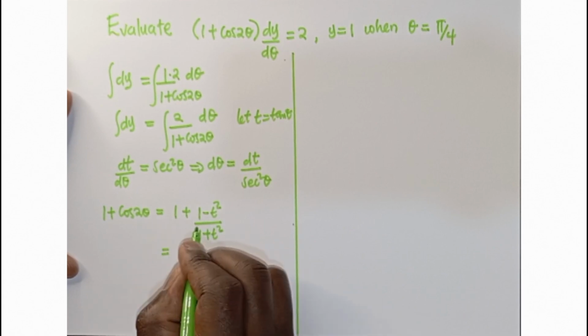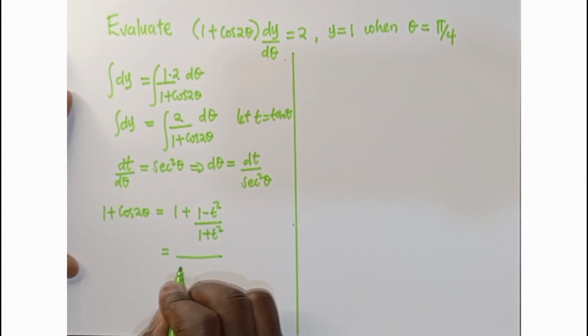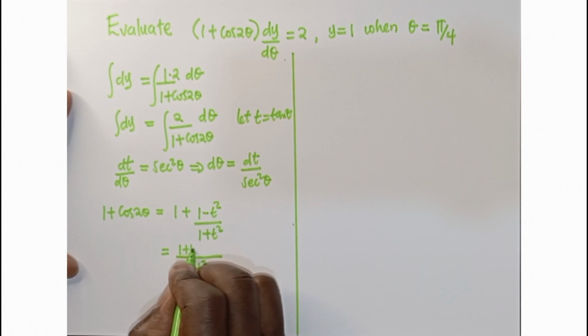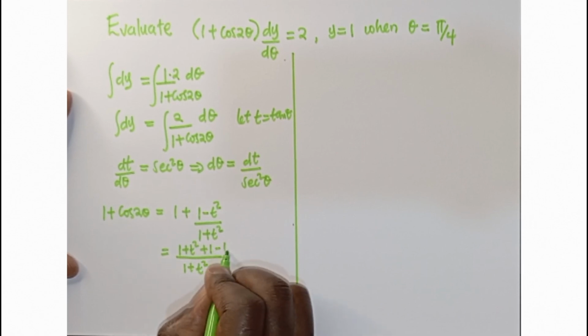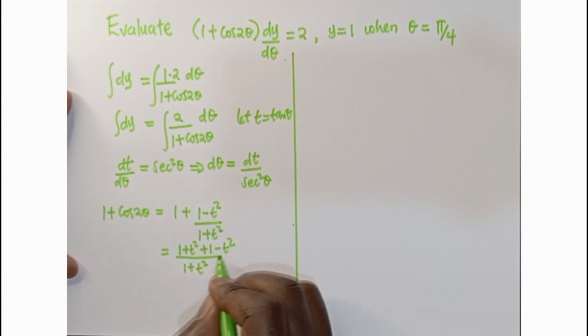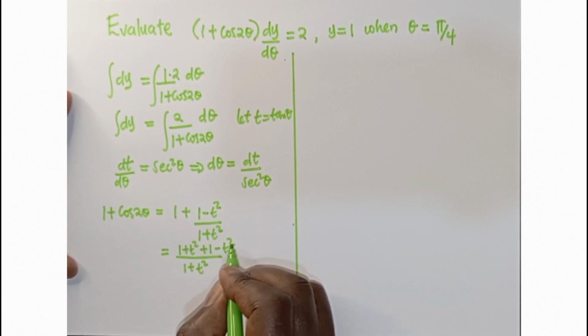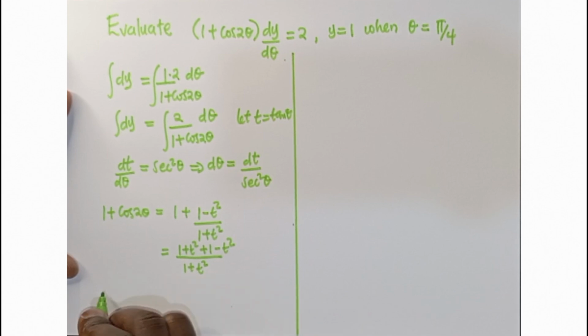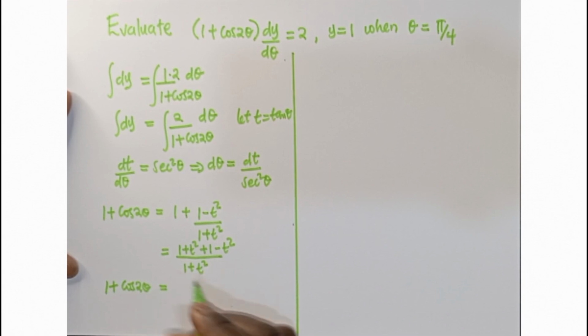Simplifying this, getting the LCM, we have 1 plus t square, then 1 plus t square plus 1 minus t square. Now if you clearly see, the t squares go. So we end up having 1 plus cos 2 theta equal to 1 plus 1, we have 2 over 1 plus t square.